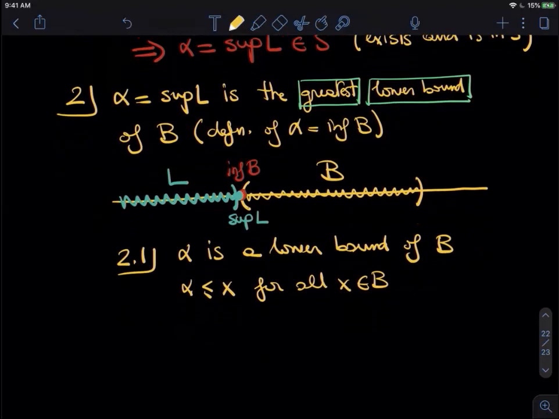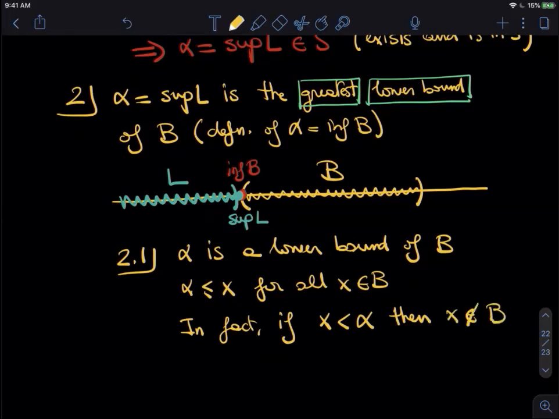So notice, I want to show that it's a lower bound. So let me take some number x smaller than alpha, and then x cannot be an element of B.